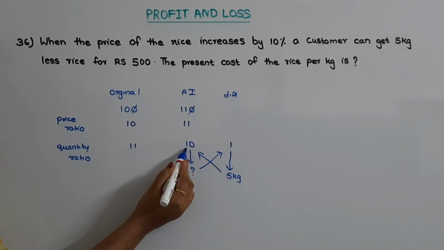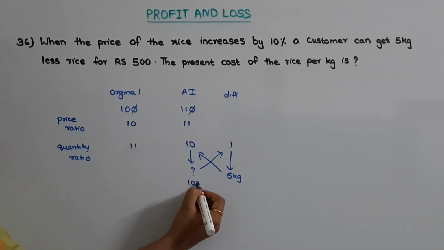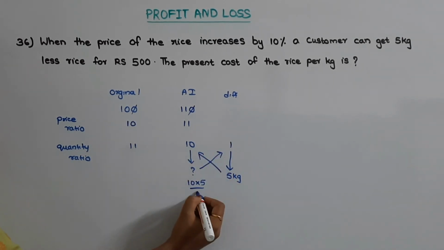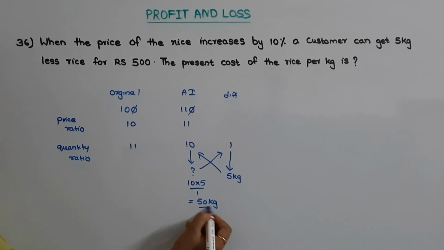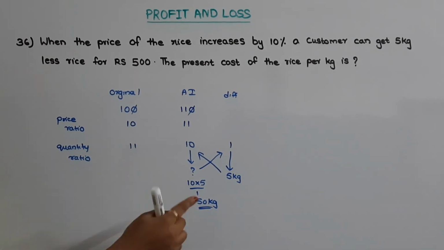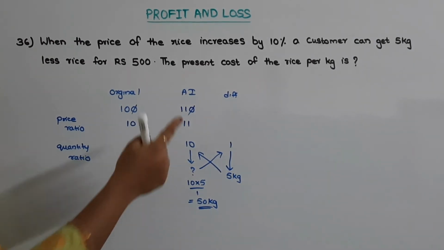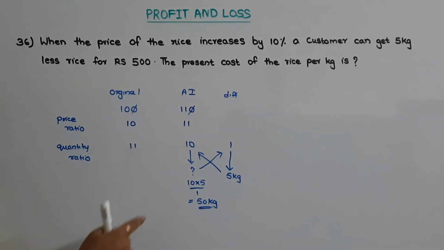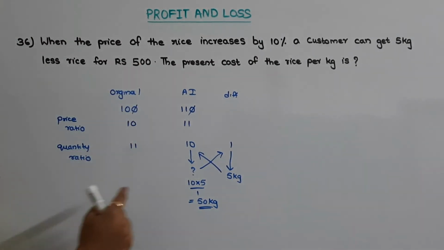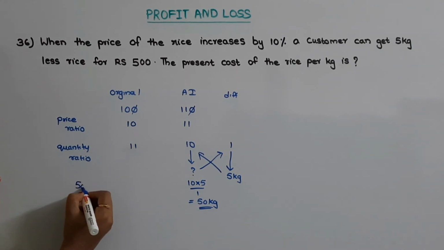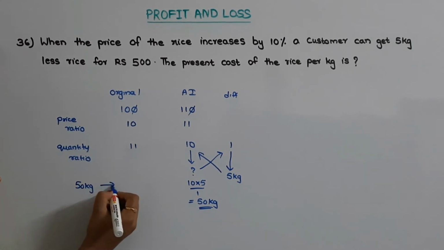So this will be equal to 10 into 5 divided by this 1. That will be equal to 50 kg. So the customer can get 50 kg of rice after the price rise. So he is buying this 50 kg for rupees 500. So the price of this 50 kg is rupees 500.